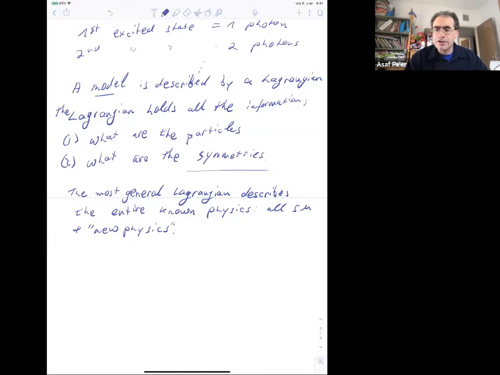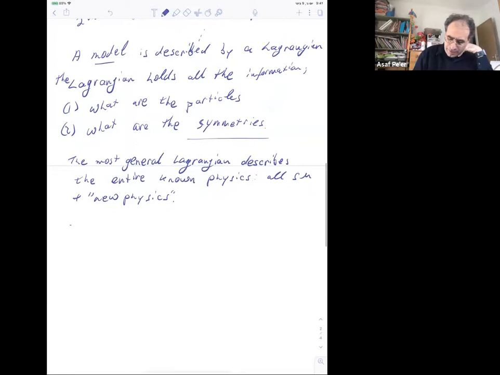Once we know the Lagrangian, it will tell us how to derive the Feynman rules, right? And the Feynman rules tell us how to calculate the quantum probabilities: the cross-section, the decay width and the branching ratio. So Feynman rules are derived from the Lagrangian.